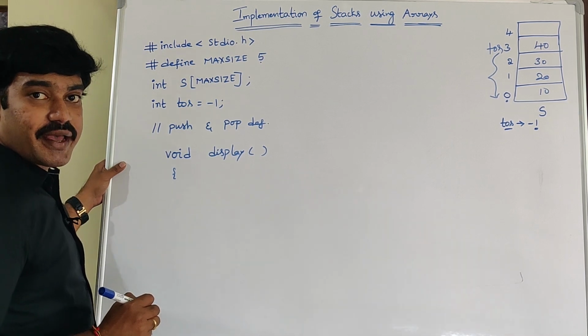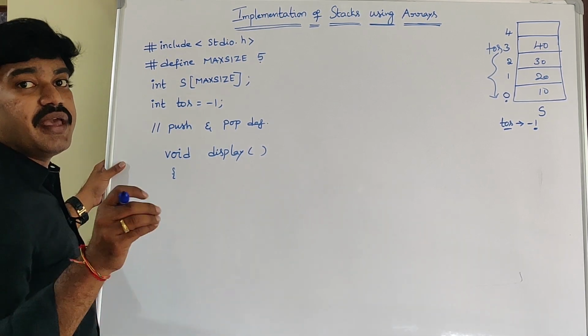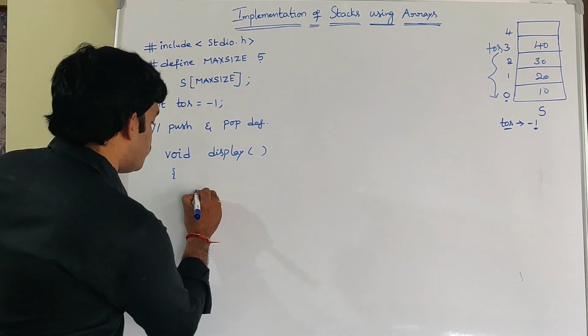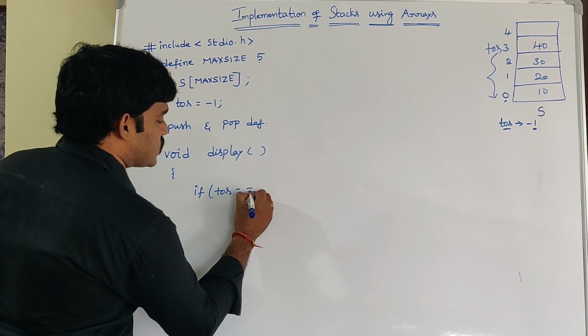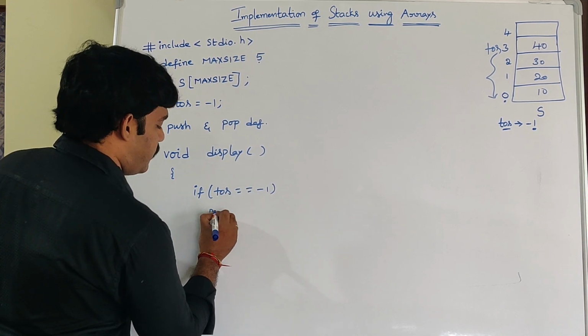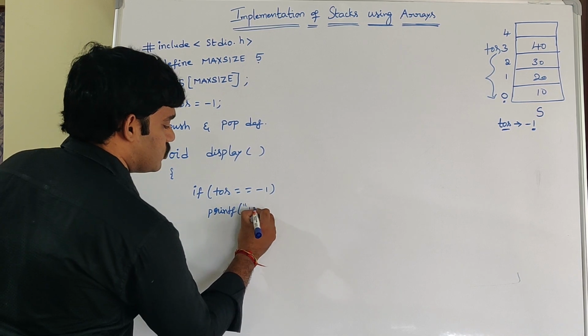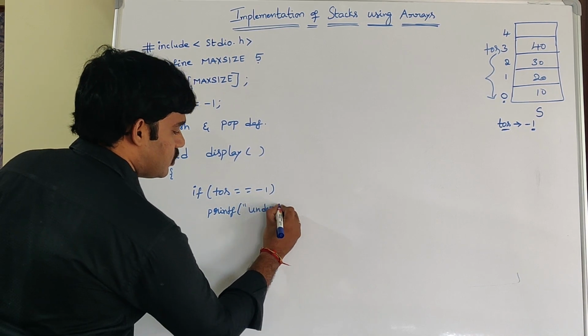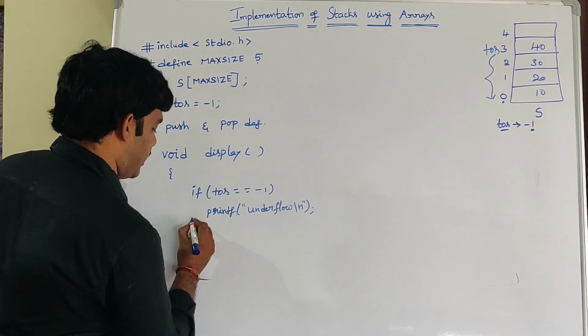If you want to display the elements of a stack data structure, first of all check whether it is empty or not. So how to check? If TOS is equal to -1, then printf underflow. Underflow means not possible to delete. Why? Because the stack is empty.